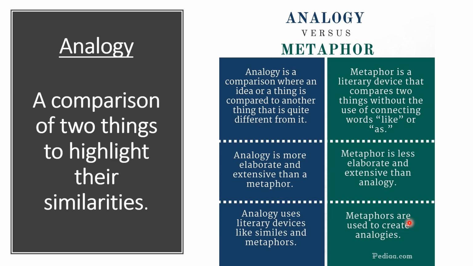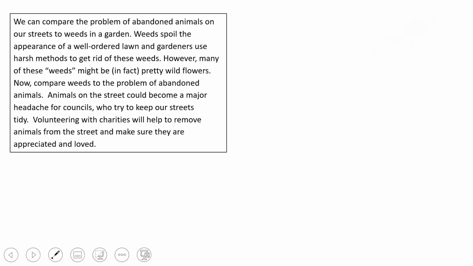So I think the key thing to draw out here is that an analogy is something that's extended, it's more elaborate, and it can use literary devices, whereas a metaphor is a literary device itself. Don't worry if you still feel a bit confused, it's going to become a lot clearer when we look at some examples. So let's read this example analogy.